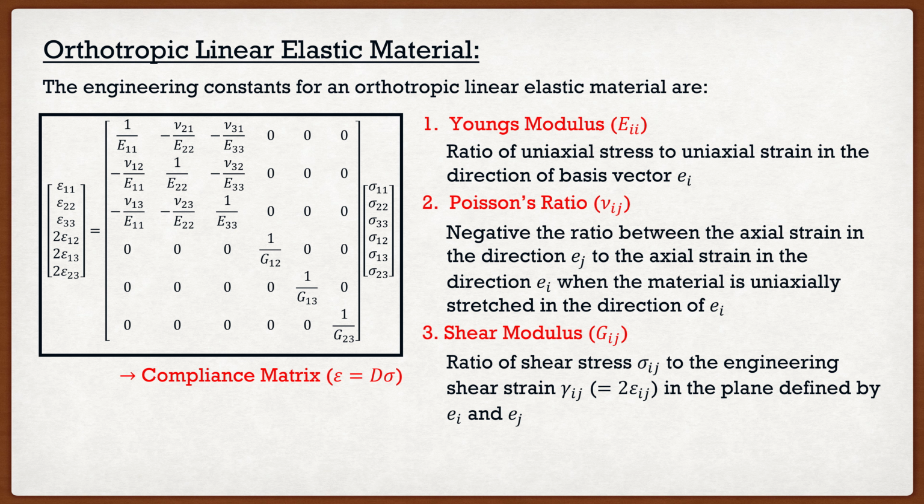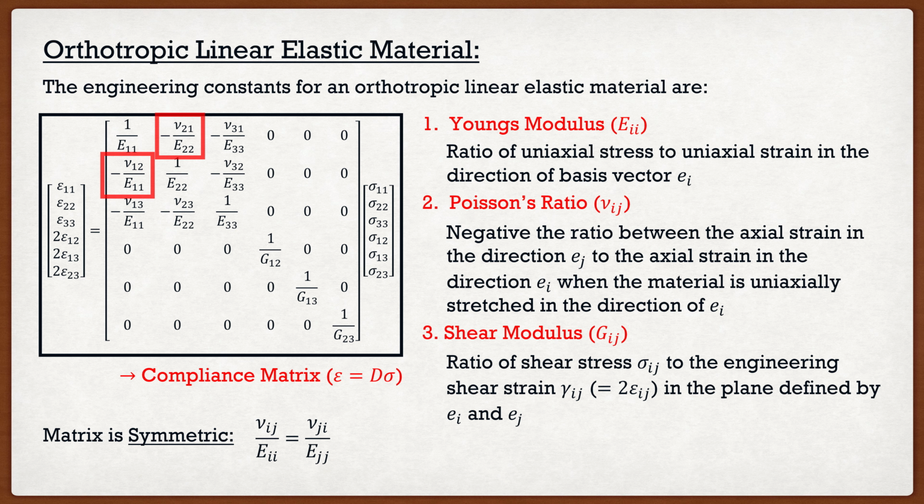Now, of course, they're related because it's just the inverse. So if I know my stiffness matrix C, I just take the inverse to get D, and vice versa. Now, another thing that we said about the stiffness matrix, which also applies to our compliance matrix here, is that the matrix is symmetric. Therefore, if I had the component 1,2, it's going to be equal to the component 2,1. So if we look at components 1,2 and 2,1 here, we see that we need different parameters to calculate them.